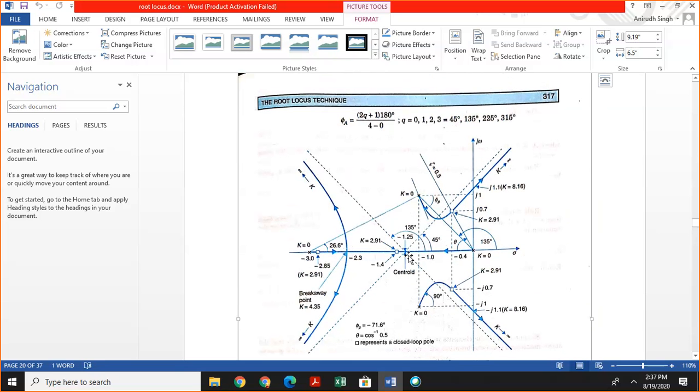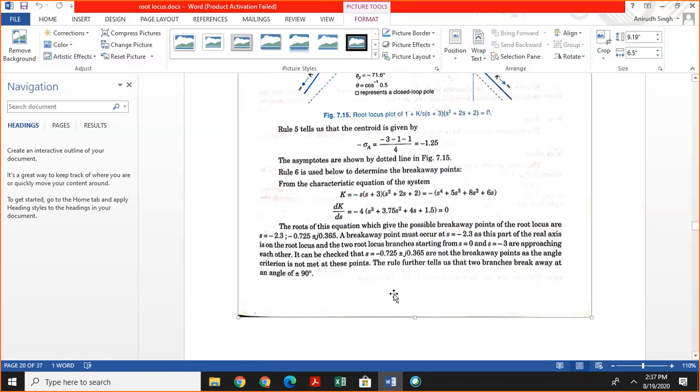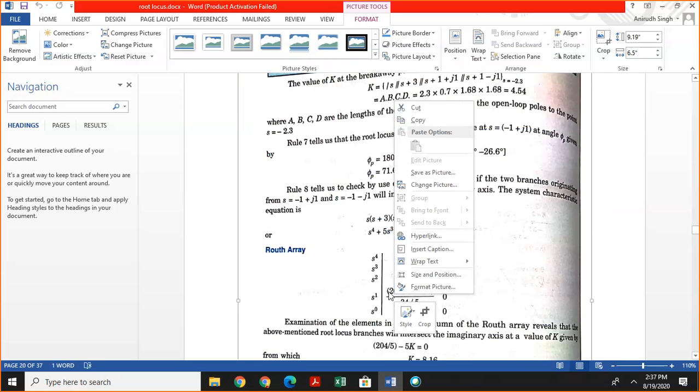From this point, these two real poles break away into complex poles and tend to infinity along the asymptotic line. And this is the complete root locus of the given system.